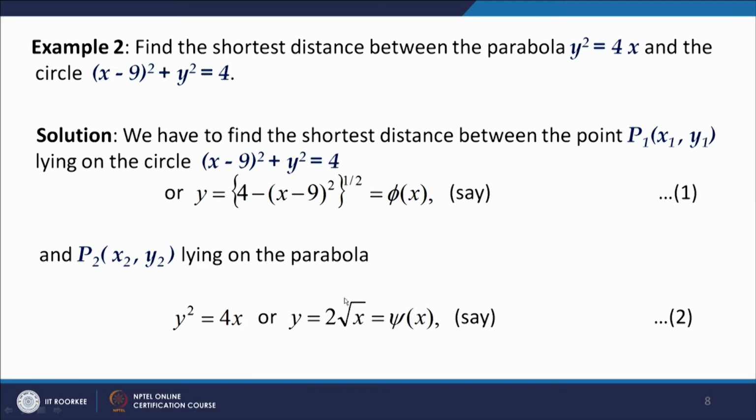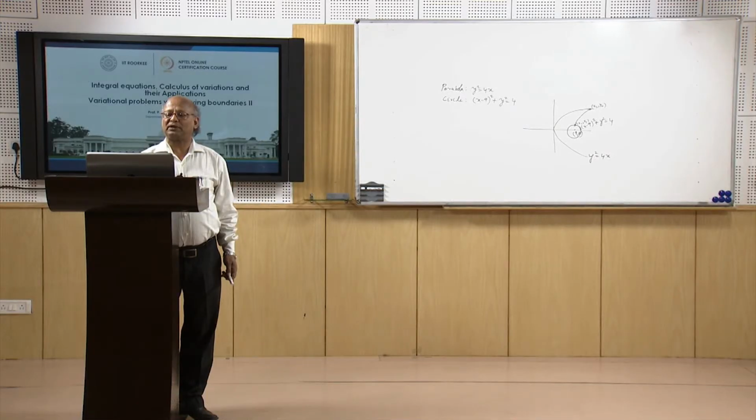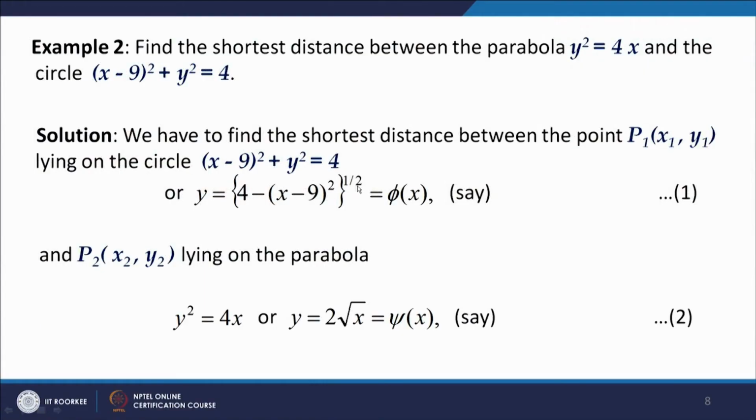We are finding the shortest distance in the positive quadrant. So let us say y = under root (4 - (x - 9)^2), which we write as phi(x), and y = 2 root x, which we write as psi(x).